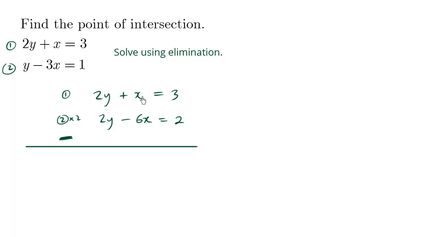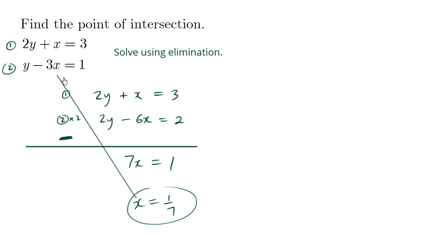So mentally, let's be careful. x plus 6x becomes 7x. And then this becomes 3 minus 2, because we're taking the top equation minus the bottom equation, becomes a 1. So you can see that dividing both sides by 7, we get x equals 1 over 7. And of course, we can take this value and plug it in either here, or you can even plug it in here to solve for y.